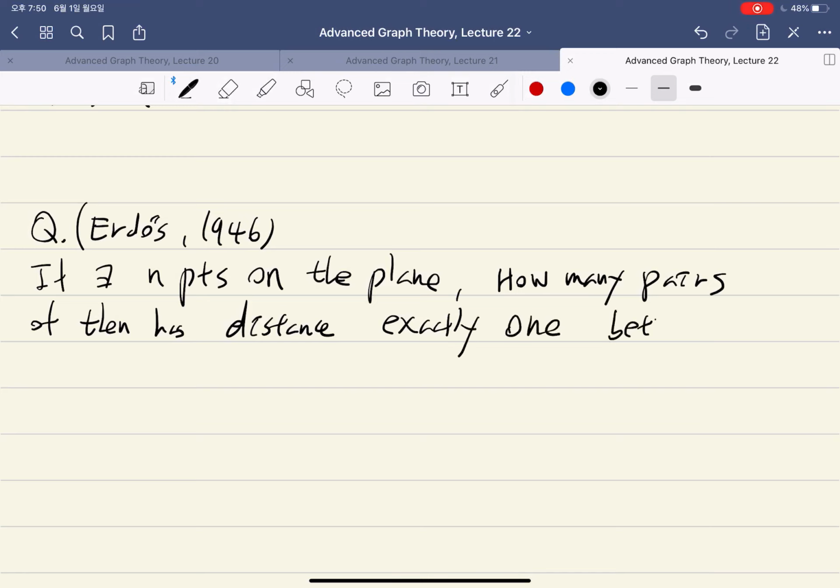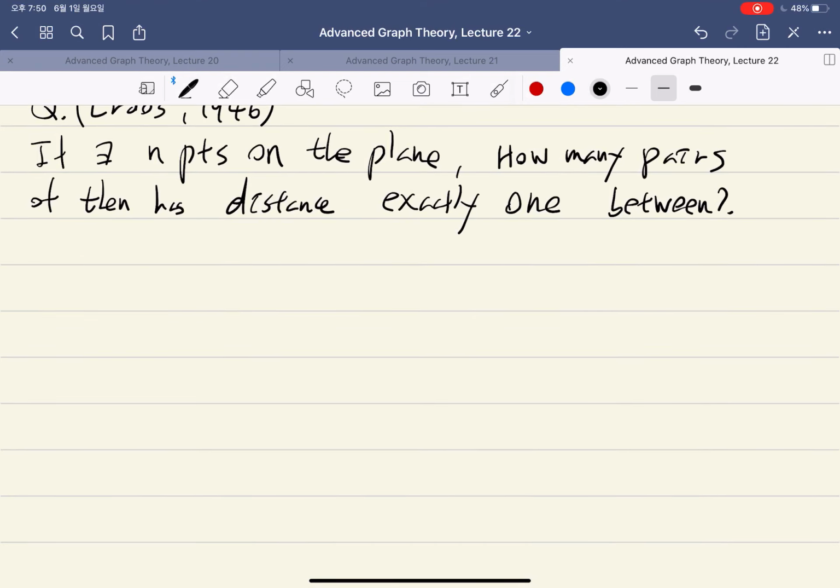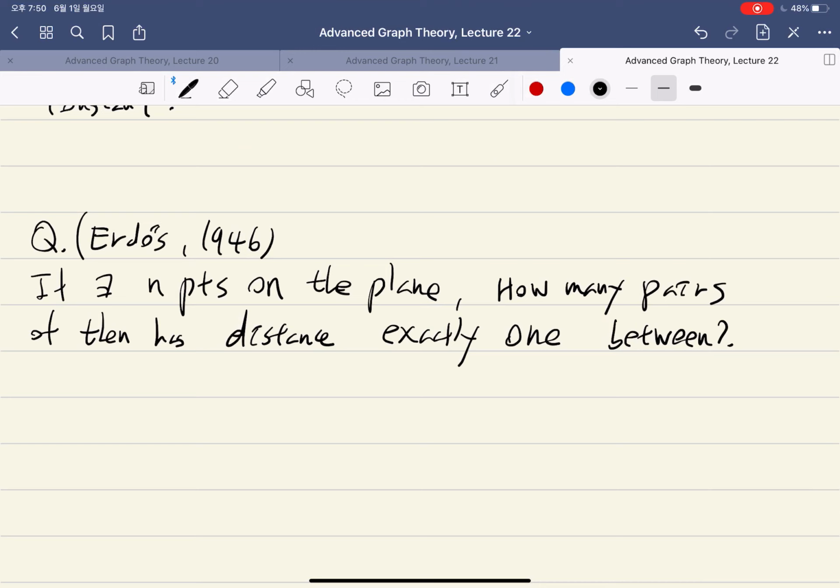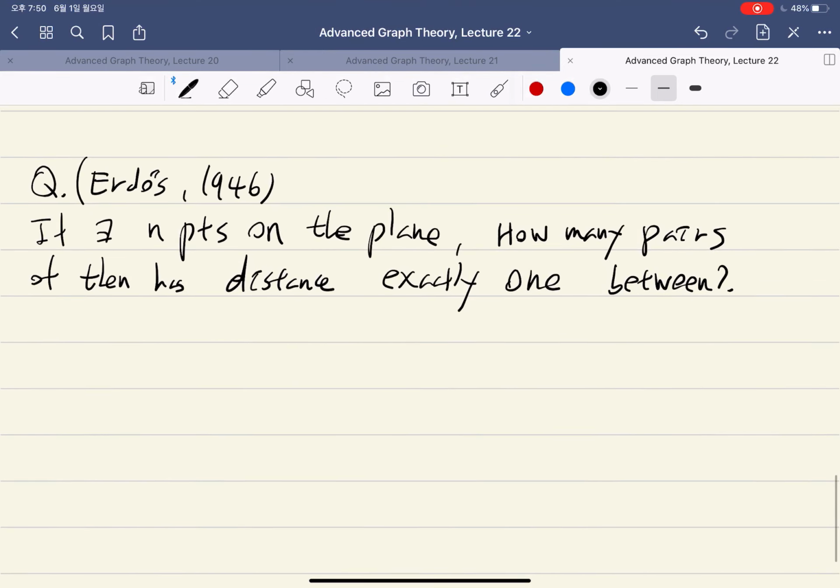So determine the largest possible number of pairs on the plane when there are n vertices.